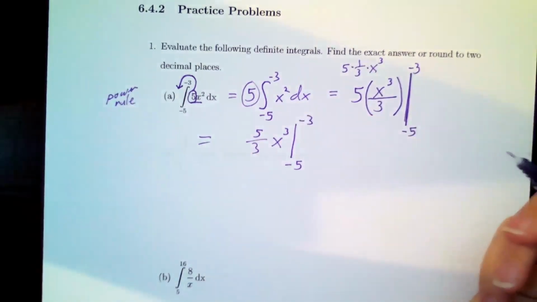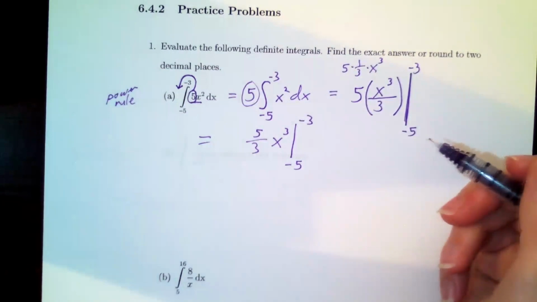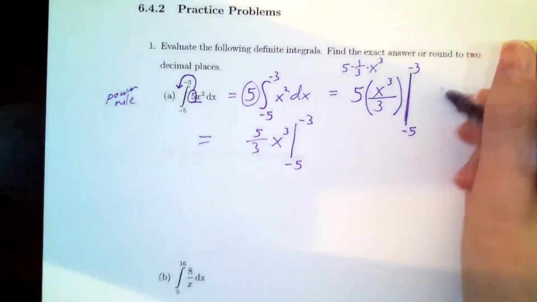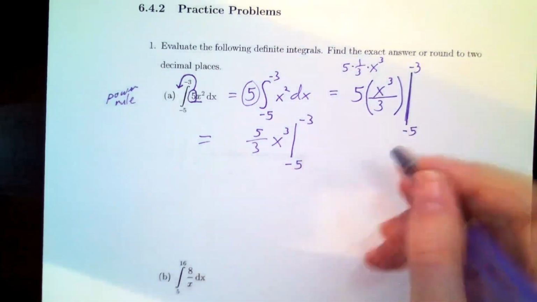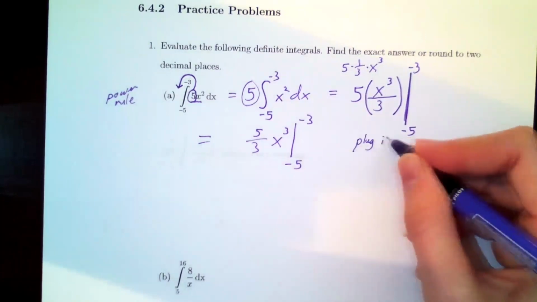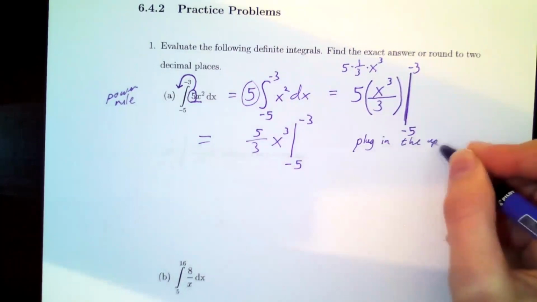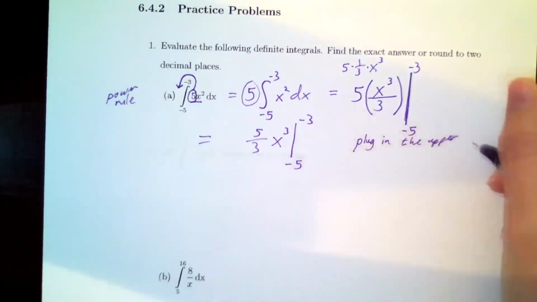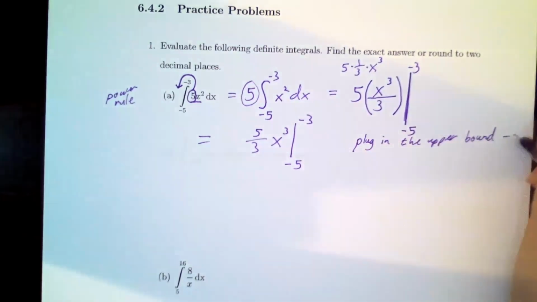So here's where we deviate from what we learned before. Instead of putting a plus c and calling it done, in order to do the next step, you plug in the upper bound, the number that's sitting on the top, minus 3.